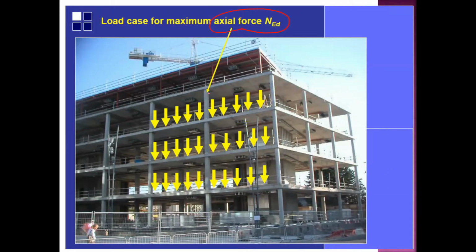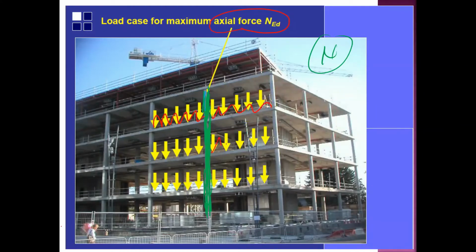Let's say we want to design this column, the green color. In order to determine the value of N, the axial force, we arrange the loading like this.